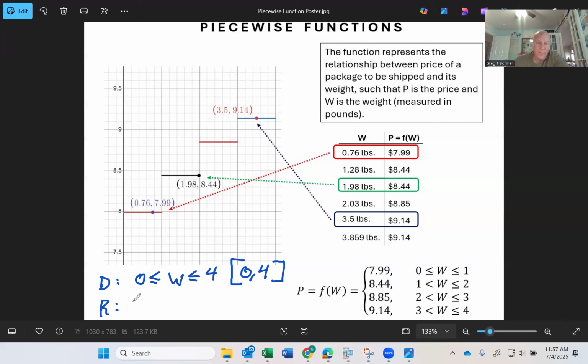So we can just say y or p or f of w, whichever one you prefer. They all represent the same thing in this problem. You could just say the y values that are being used are 7.99 and 8.44 and 8.85 and 9.14. Those are the only ones. The stuff in between them, no, we're not including it.